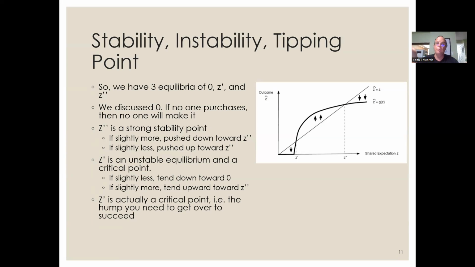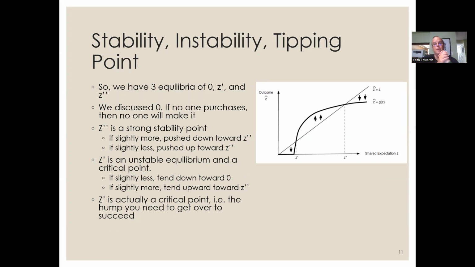We discussed 0. If no one purchases it, then no one is going to make something that no one's going to purchase. Z double prime is actually a strong stability point. If slightly more than that purchase it, it gets pushed down towards Z double prime. If slightly less, then we push up towards it.